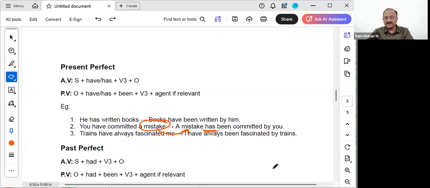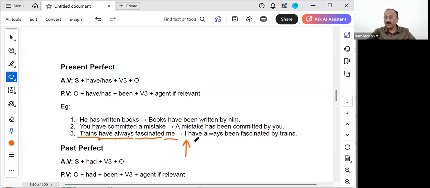Trains have always fascinated me. We'll take this. Trains is the subject. Have always is an additional verb. Always fascinated is the verb. Me is the object. So me, when it gets converted into the subject, will get converted into I. Correct?